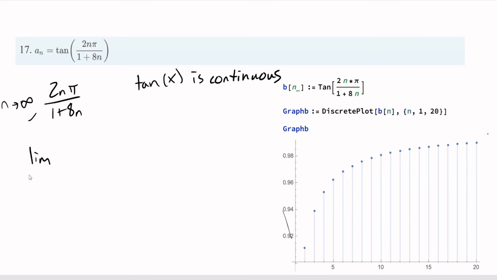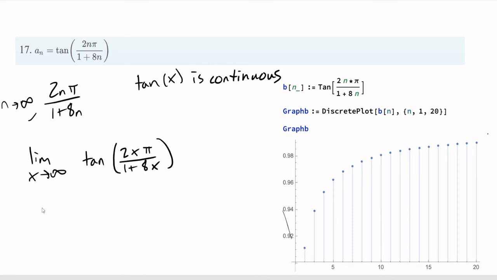So let me write out what we're saying here more specifically. Let's focus on this calc problem instead: tan of 2x pi over 1 plus 8x. Because tangent is continuous from 1 to infinity, which is the x's we care about, and this is defined also on that range, the inside.